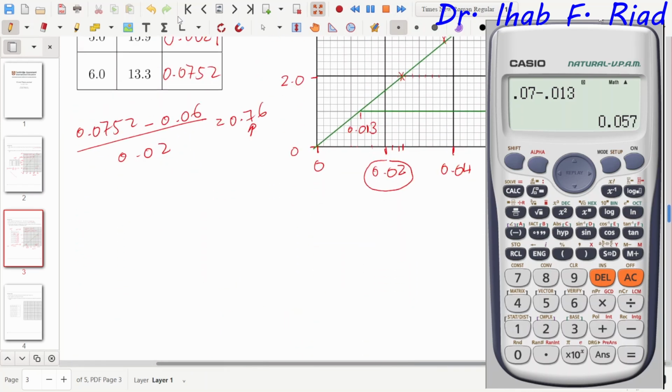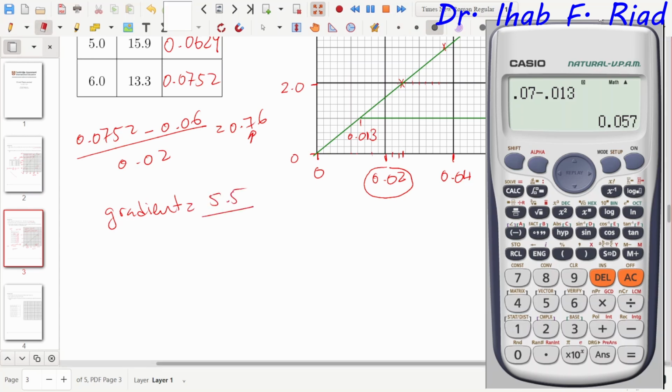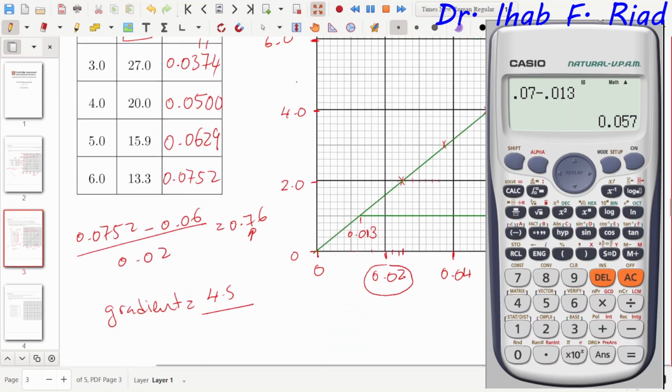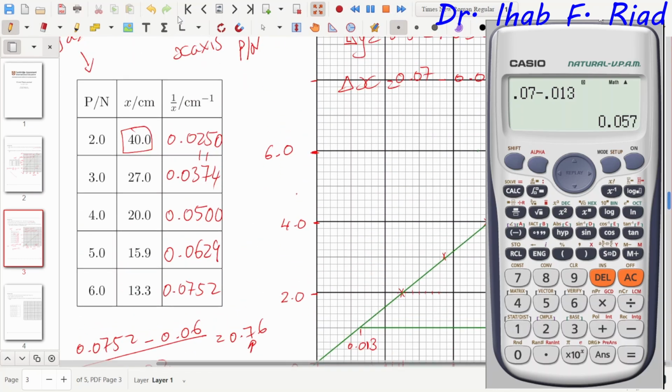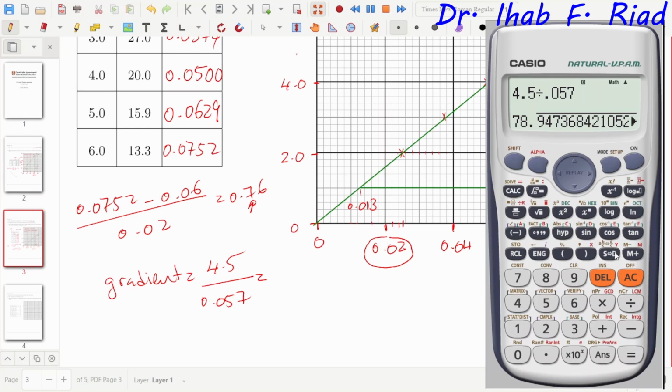So what is the gradient? 4.5 divided by 0.057 equals 78.95.